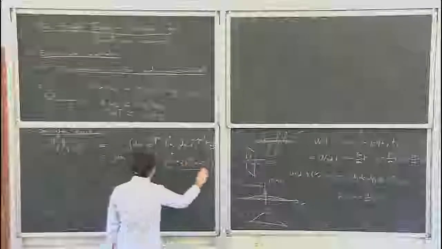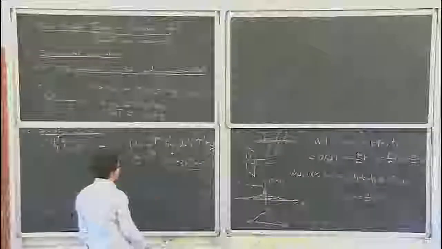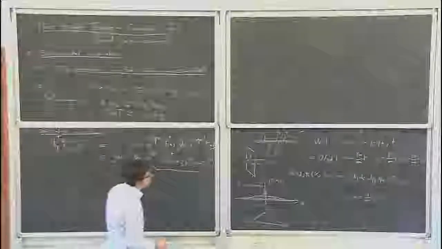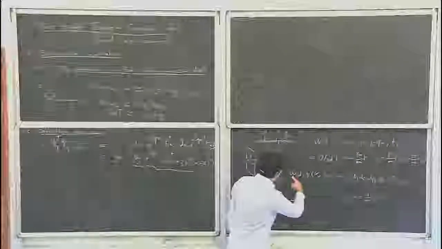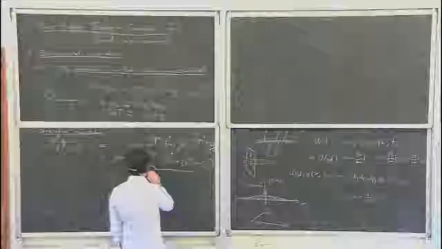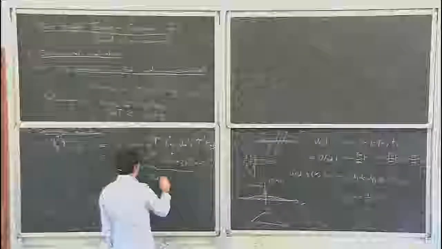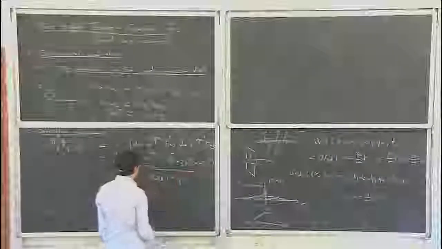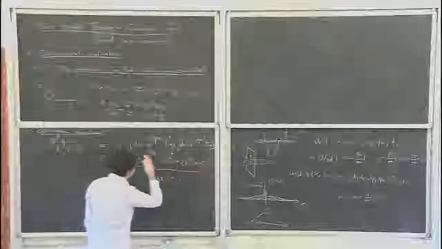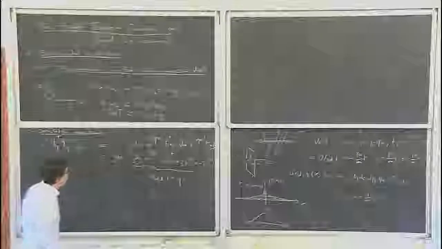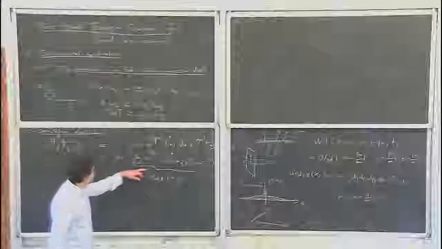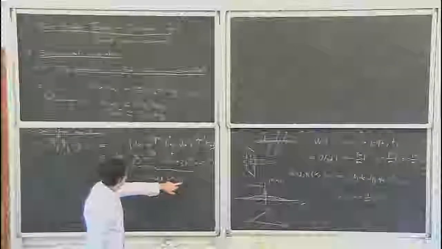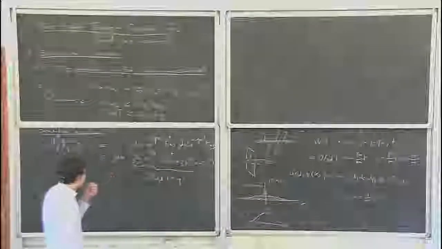So this thing here I can identify with my W longitudinal of x and q. Semi-classically at least, it's the probability of finding a boson at position x that has momentum q.